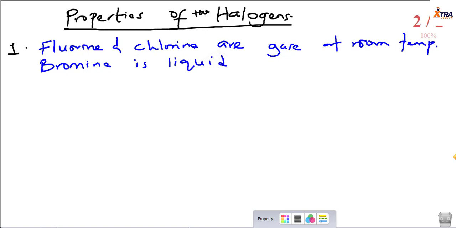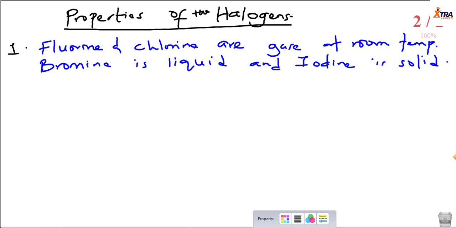And iodine is solid at room temperature. Astatine is almost never seen. The reason is that it is highly radioactive and unstable. So once it is produced in nature, it decomposes to give a more stable product by nuclear fission. Okay, so we talked about nuclear fission and radioactivity. Iodine is a black solid.